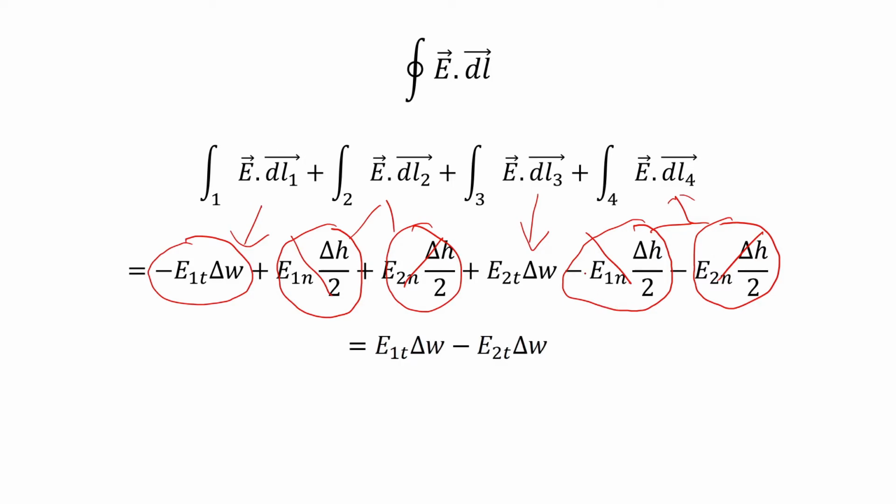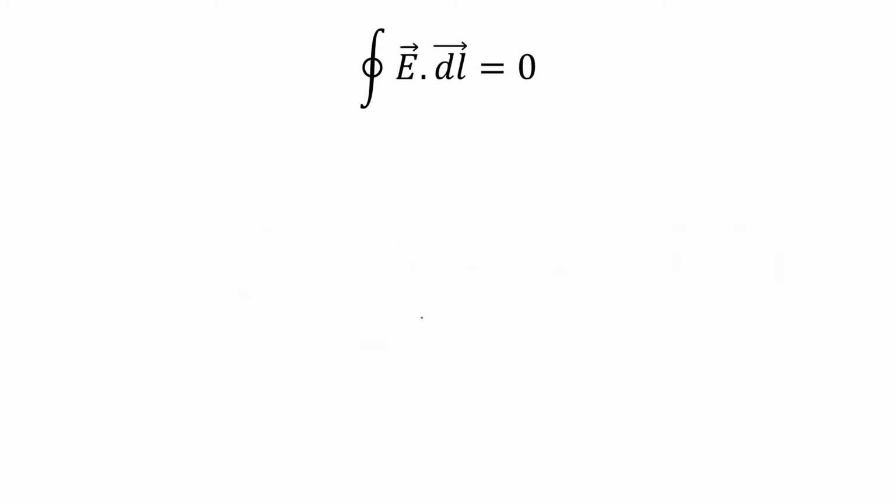So the net result of this closed path integral is E1t times delta W minus E2t times delta W. But the conservative property of electric field says that the closed path integral of electric field intensity for static electric fields is always 0. Thereby, E1t delta W minus E2t delta W is equal to 0.